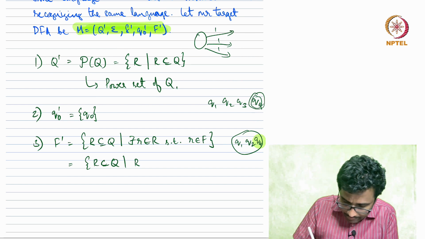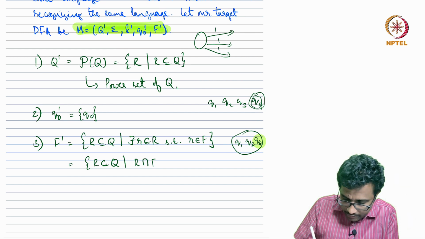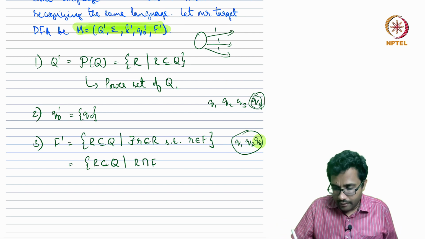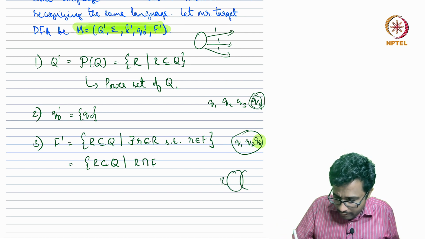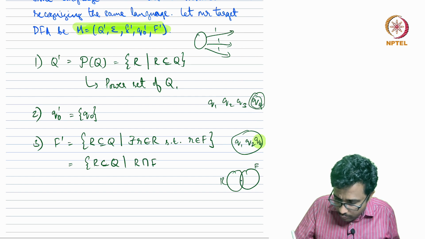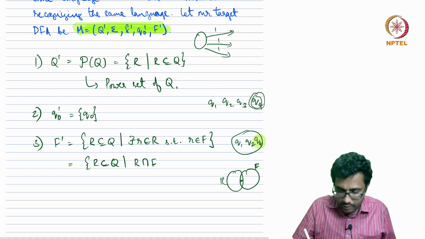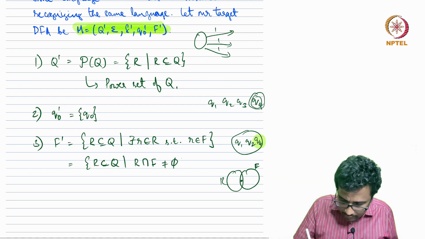So another way of saying it is that the intersection of R with the set of accepting states, if you look at R and you look at F, there has to be at least one common state, some intersection between them. So this is not the empty set.